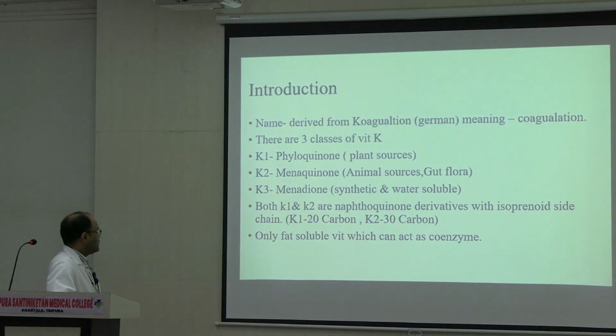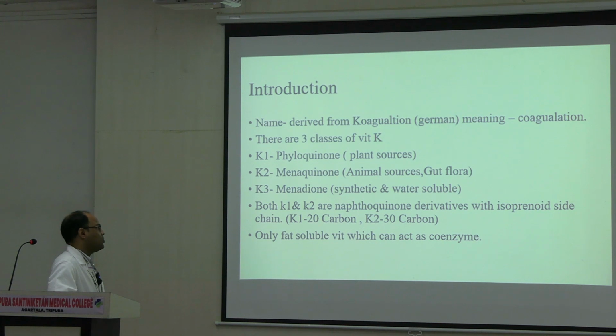K1 is also called phylloquinone, from plant sources like green leafy vegetables, and K2 is called menaquinone. These are animal sources. Also, in our intestine there are bacteria called gut flora, and gut flora bacteria can generate vitamin K2, menaquinone.